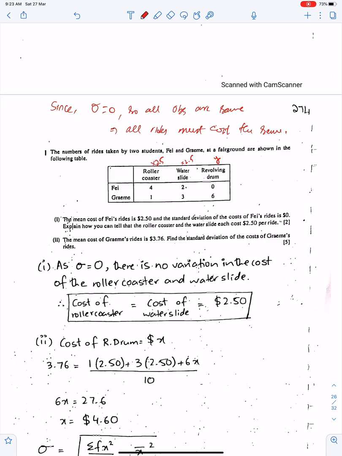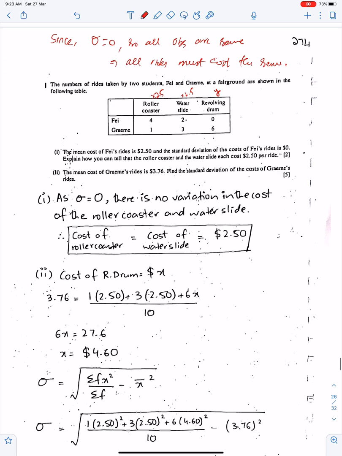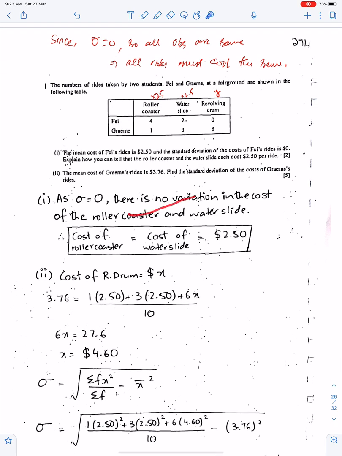This is another way of explaining this answer. Both answers are right. You can present your answer in any way. Whenever standard deviation is 0, that means all rides must cost the same. And since this is 0, we are not sure about the cost of this ride.